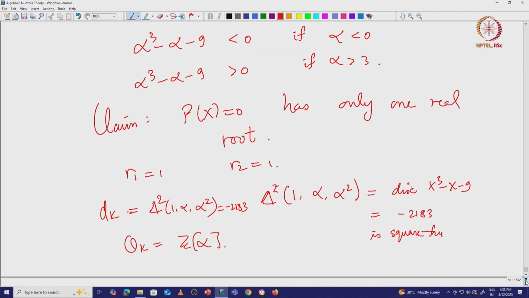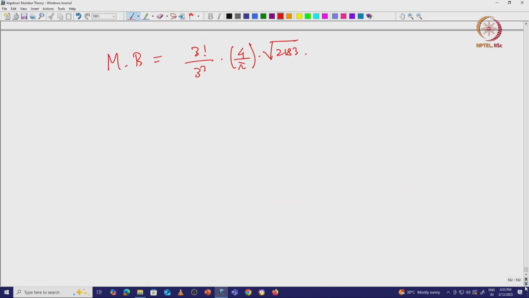Now there is one more way of doing this. Maybe I will not need this claim. There is one more way of deducing that R1 is 1 and R2 is 1 without the above claim. So, claim, and this is done as follows.